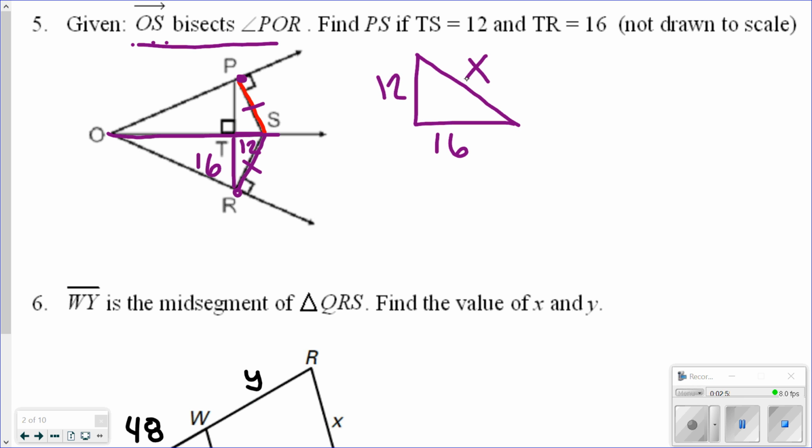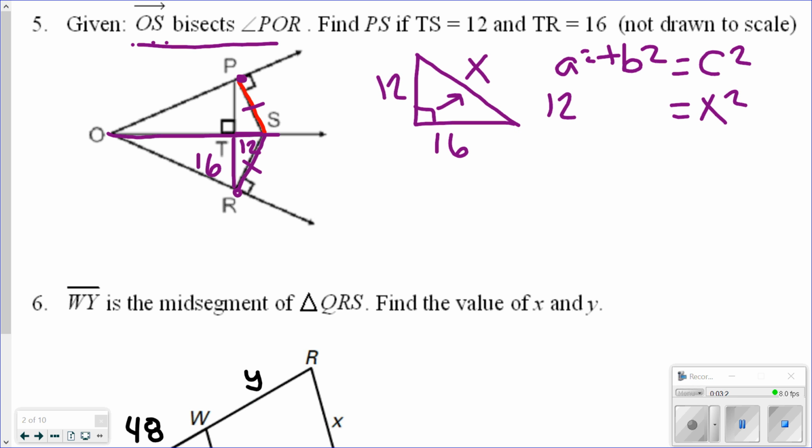So if I have a right triangle, to find the hypotenuse, which in this case is X, I'm going to use the Pythagorean theorem. The Pythagorean theorem is a squared plus b squared is equal to c squared. The only one that really matters here is that c value, which in this case has to be X. A and B can be either 16 or 12, it doesn't matter.